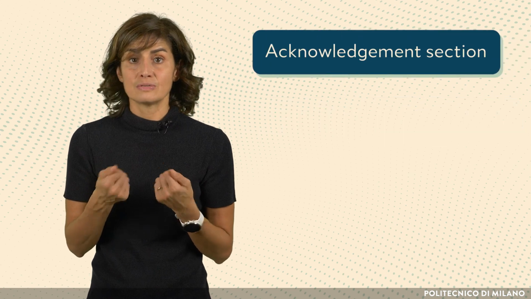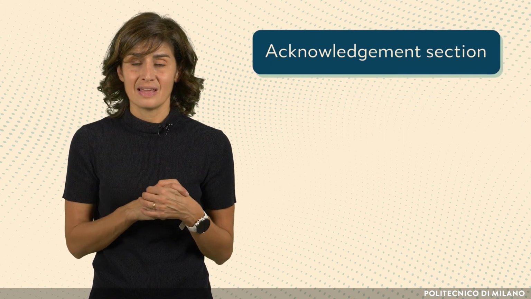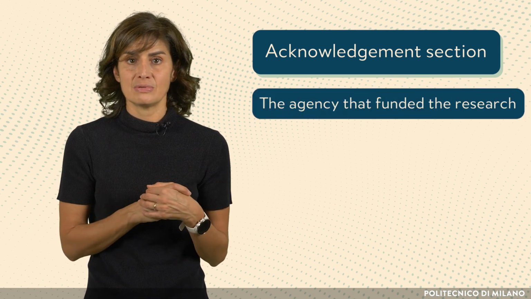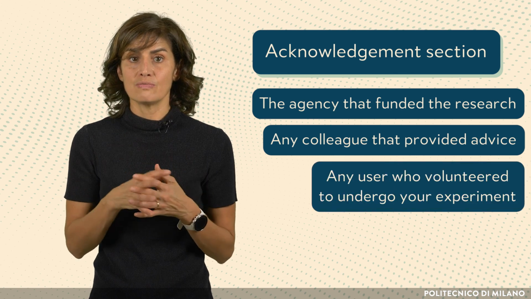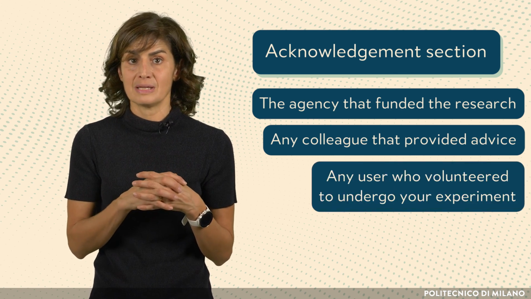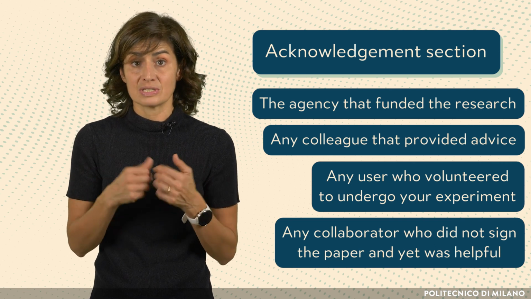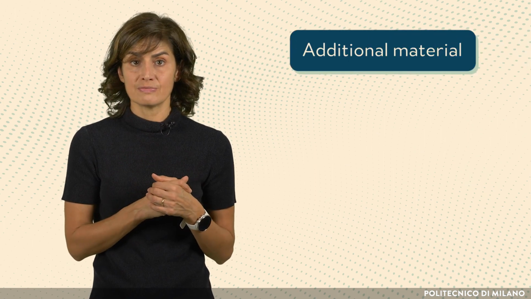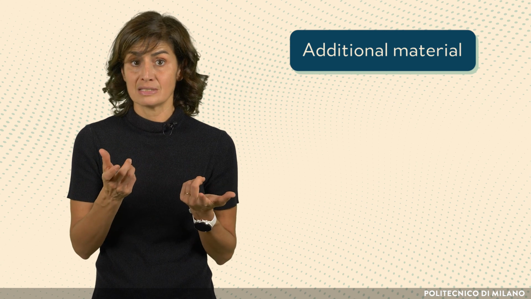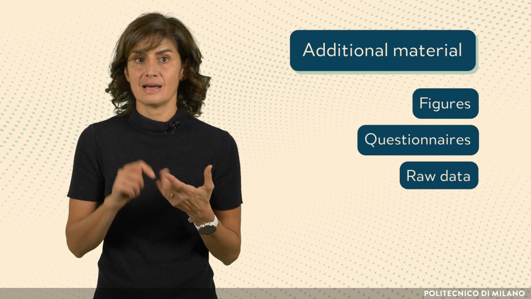Don't forget to thank in the acknowledgement section anyone who should be thanked, the agency that funded the research, any colleague that provided advice, any user who volunteered to undergo your experiment, any collaborator who did not sign the paper and yet was helpful. Last thing, if there is any additional material you deem useful and there is room for it, add it. Figures, questionnaires, raw data, etc.